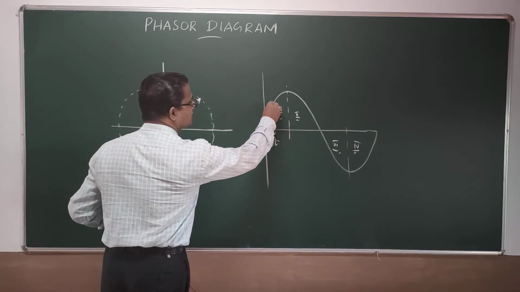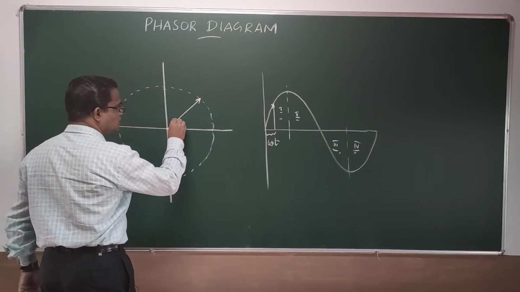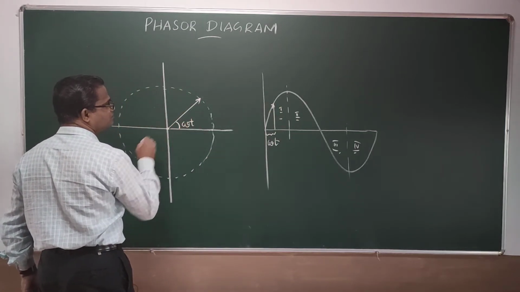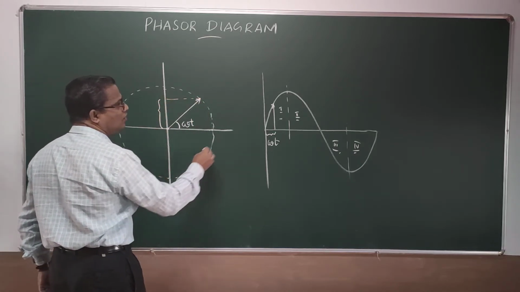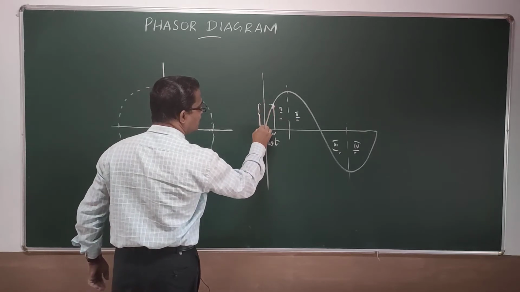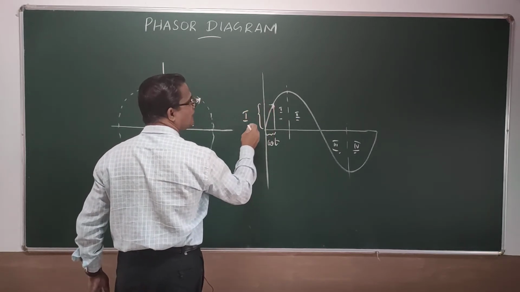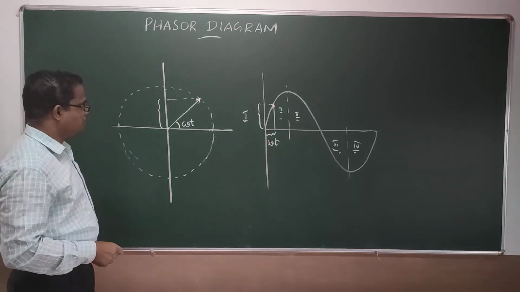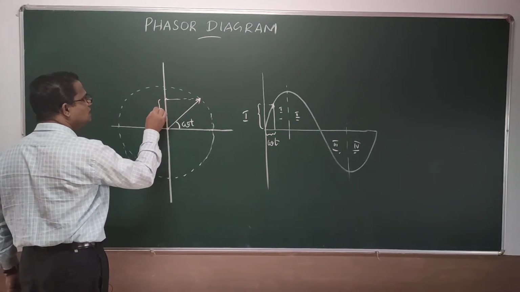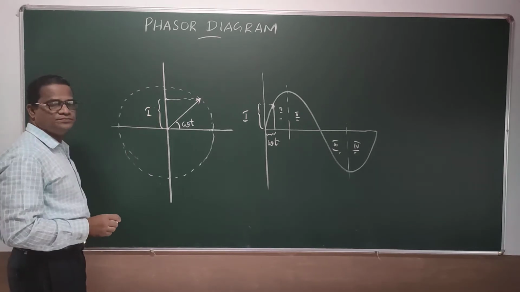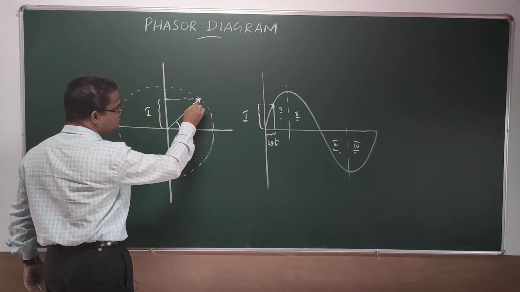So if I am representing the value here, then this is omega t, and this will be the value of I at that particular instant. This projection over here gives the value of I. Then what is this value?